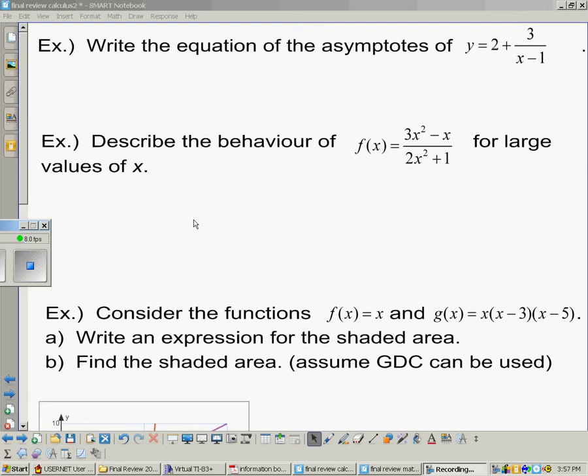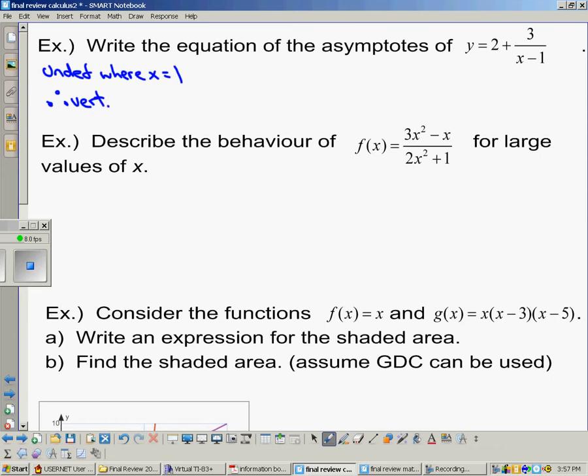So this function is undefined where x equals 1. That's going to give us our vertical asymptote at x equals 1. There's the equation of the line.